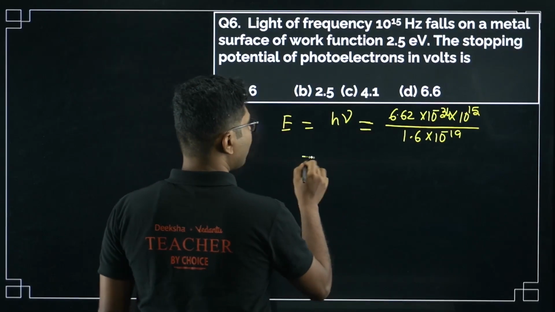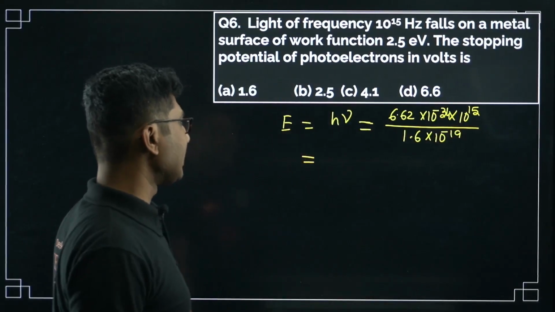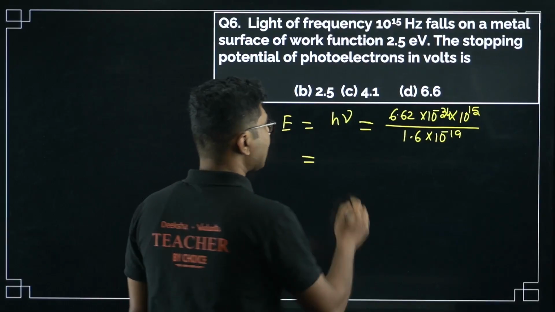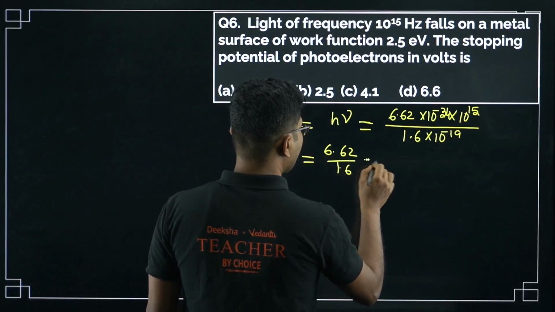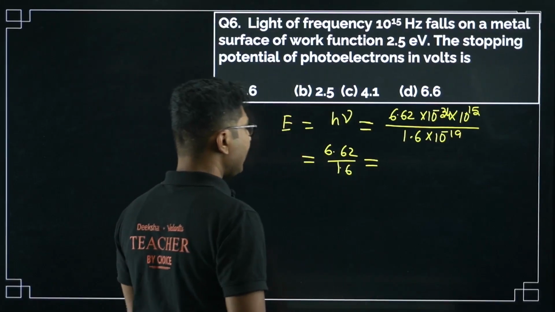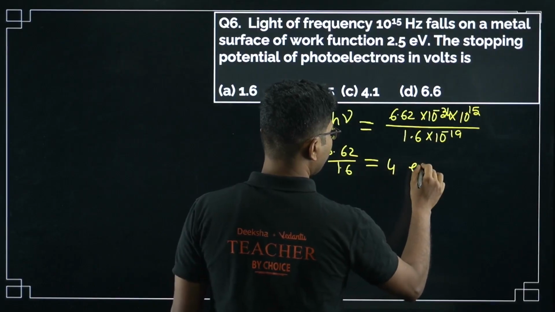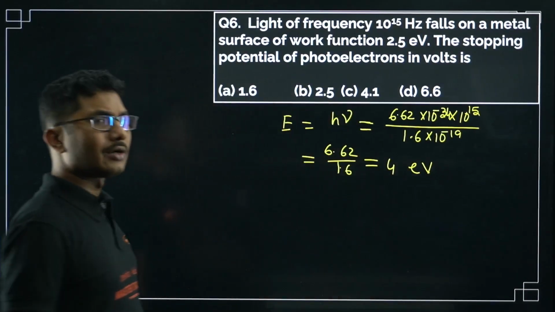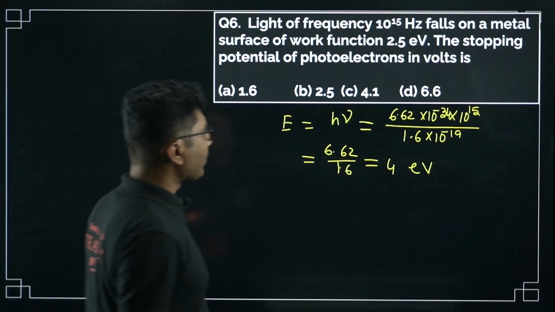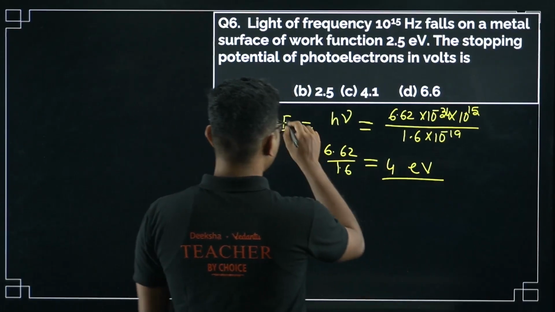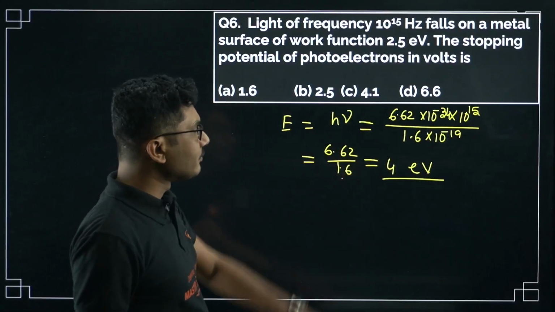So what is the value? 19 plus 15 is 34, so the powers will cancel, and you will get 6.62 by 1.6, which is approximately 4 eV. We will find the closest value, whichever is the closest one. 4 into 1.6 is 6.4, that is why it is 4 eV.